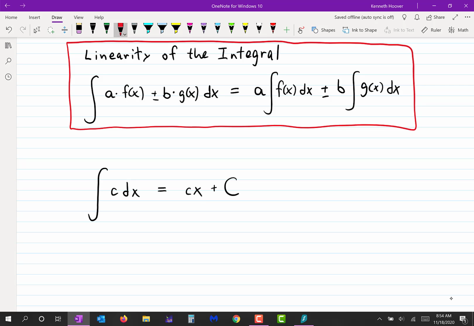Because the derivative of a constant times x is just the constant. So the integral of a constant is that constant times x. Which means specifically the integral of 1 equals x.